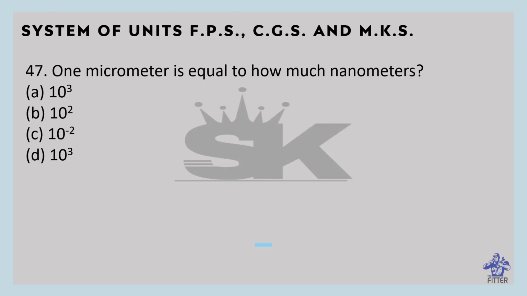1 micrometer is equal to how many nanometers? So here 1 micrometer equals 10 to the power of minus 6 meters, right? 1 nanometer equals 10 to the power of minus 9 meters.